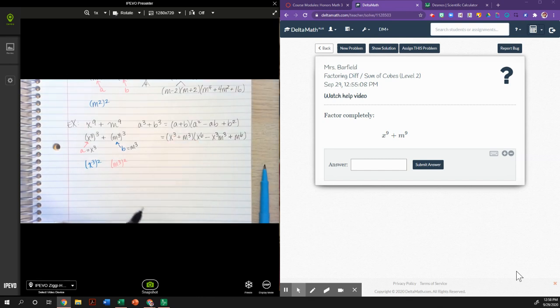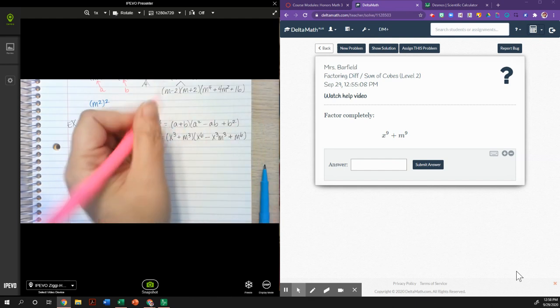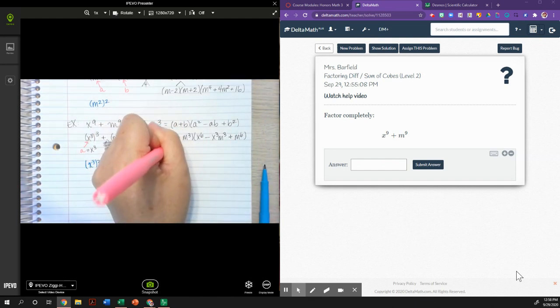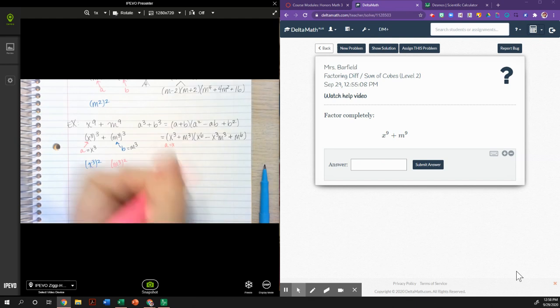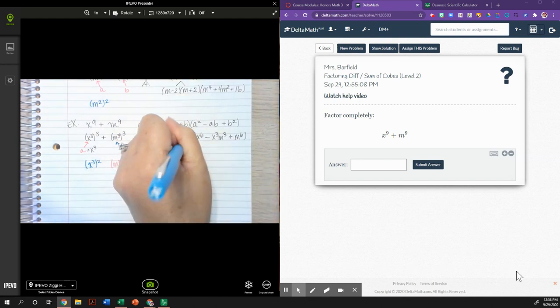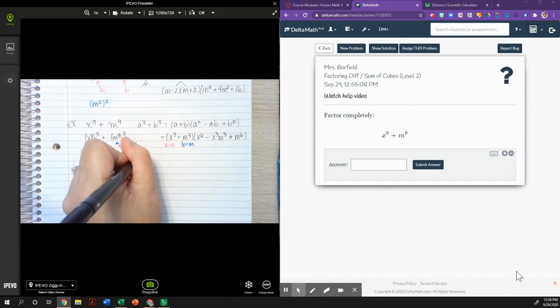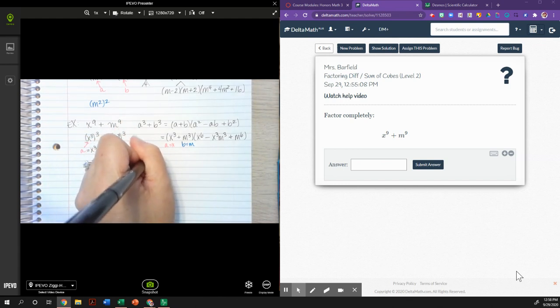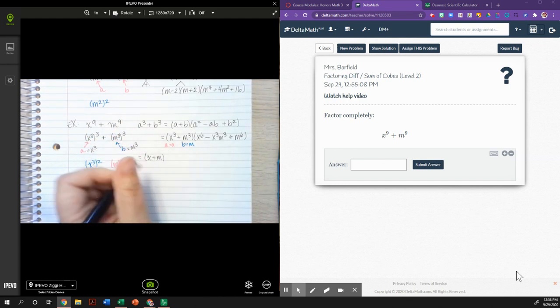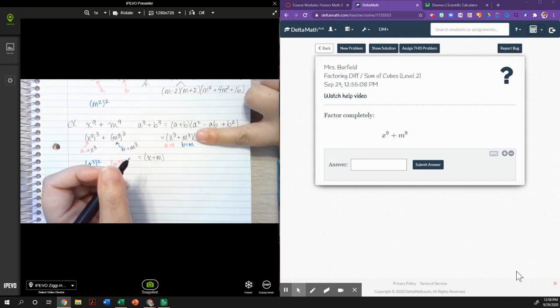In this problem, my A is x and my B is m. So I have to take that and factor it again. That means I have x plus m, and I'm ignoring this for the moment.